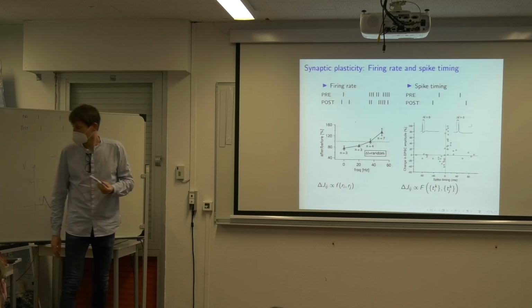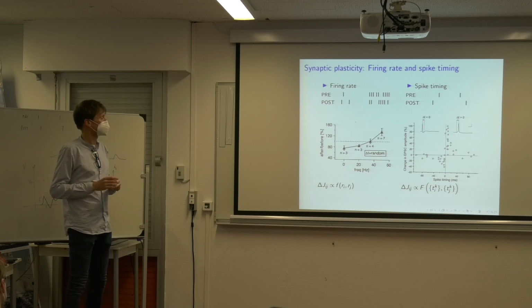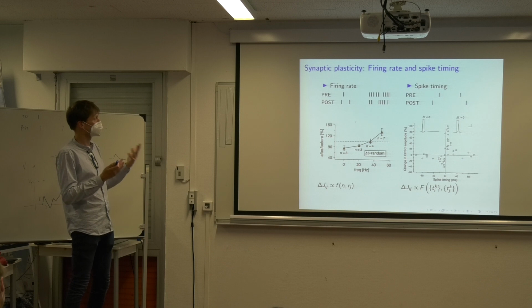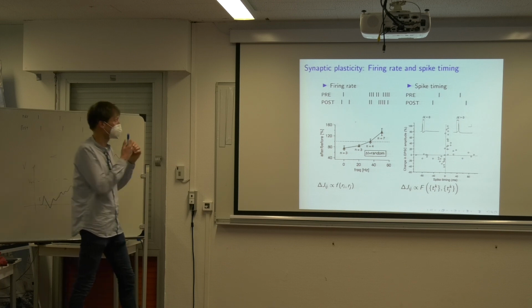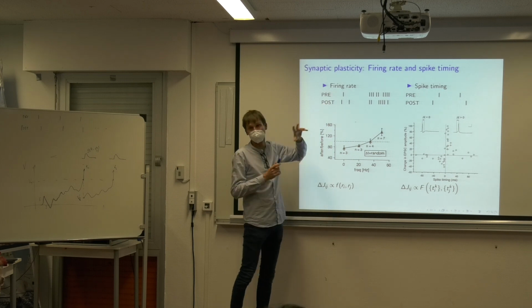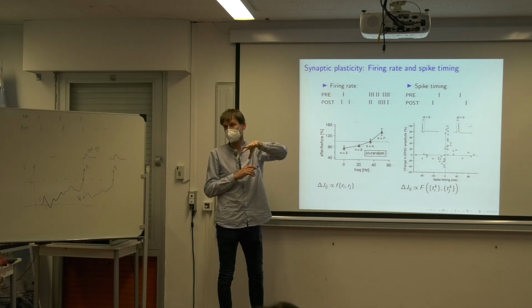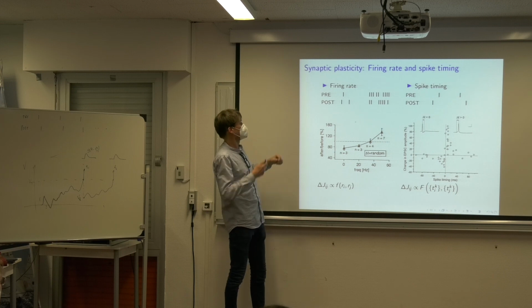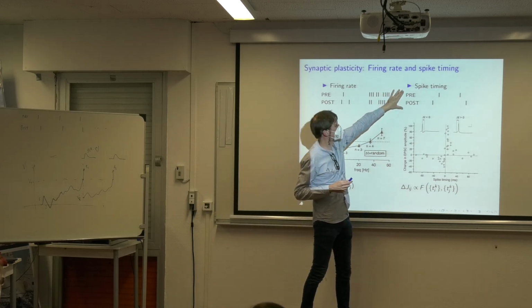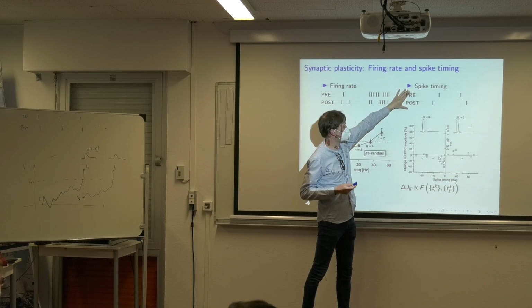Okay. So from tons of experiments, a real brief summary of what can modify synapses, and there are, let's say, two different classes. So we're coming back to this issue of firing rate versus spike timing. Let's start with the right panel. This is the so-called spike timing dependent plasticity protocol.